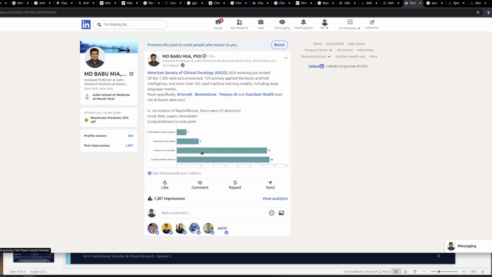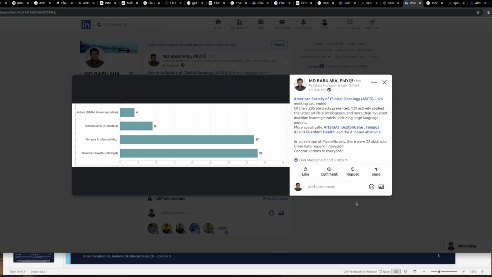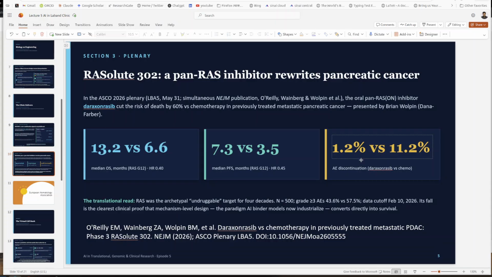This is my LinkedIn post: Artera AI, Boston Gene, Tempus AI, Guardant Health have submitted a substantial number of abstracts relevant to machine learning or artificial intelligence, and these are direct clinical applications. This is where we are going now. I expect next year it will probably be more than double. In total, 155 of the submitted abstracts had active and entire use of machine learning or artificial intelligence. This is game changing.